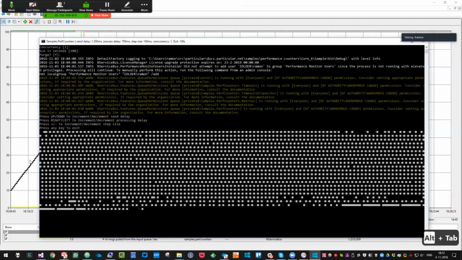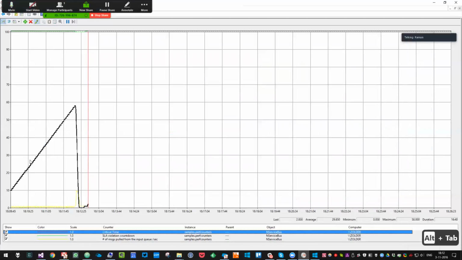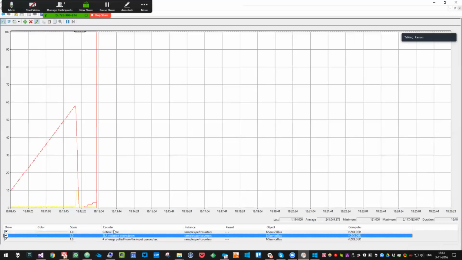So if we now slightly ramp up the delay, right now for each 10 messages being processed, we see that there is a 1 second delay. So after 20 messages, we have a 2 second delay, and that gradually increases.